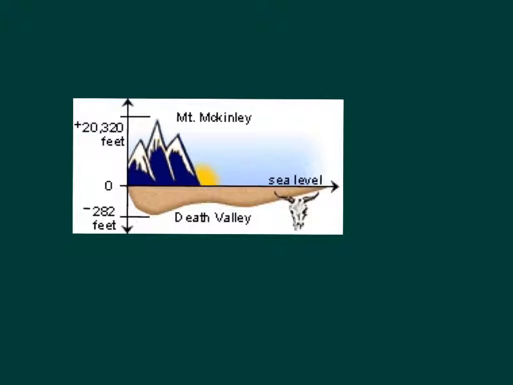Here's another popular example of integers, and it has to do with sea level. So at 0 feet, we have sea level, okay? So that is the 0 on our vertical number line. Remember, when we're looking at sea level and above sea level, we're looking at a vertical number line.